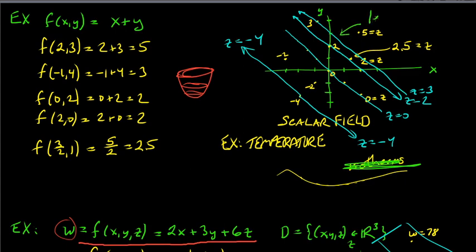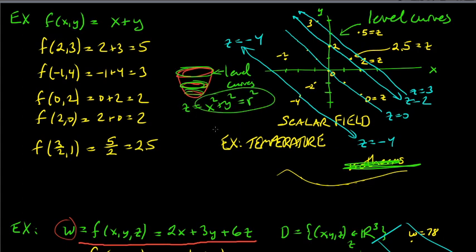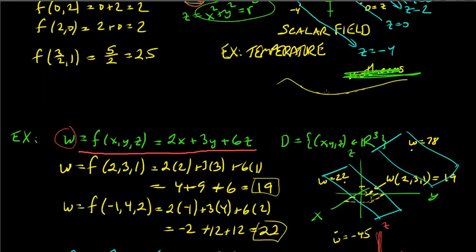More generally, these are called level curves. And I know they're lines in this example, but for a paraboloid, for example, they would be circles or ellipses in general. So these would be the level curves for the function, say, x squared plus y squared, because these equations are circles. So those would be the level curves for a paraboloid. So I hope that helps.